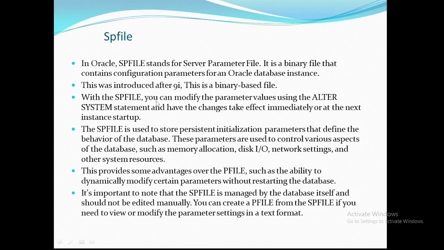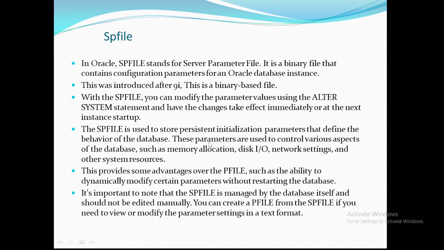With the SP file, you can modify the parameters using the ALTER SYSTEM statement. In the P file, we can just open the file and make the changes using a text editor. But here we need to use the ALTER SYSTEM command, and the changes we make can take effect immediately or after the next instance startup.